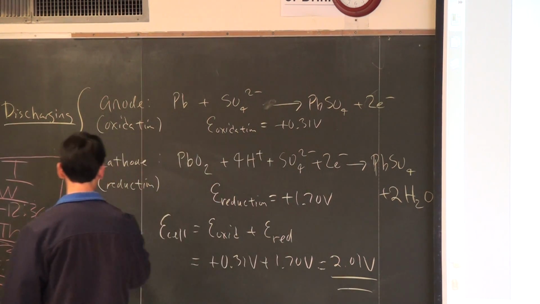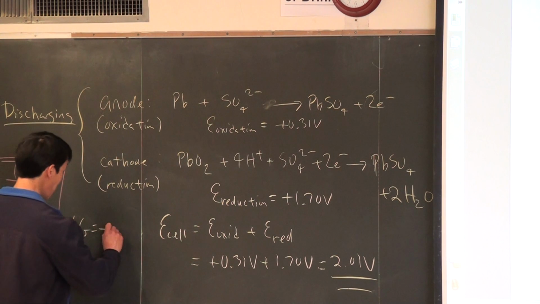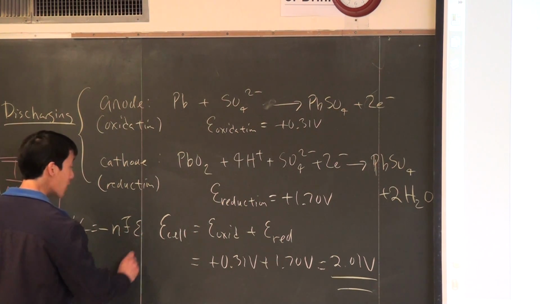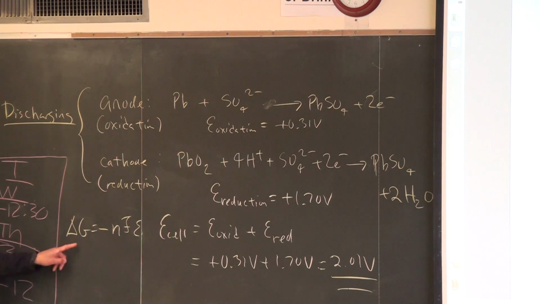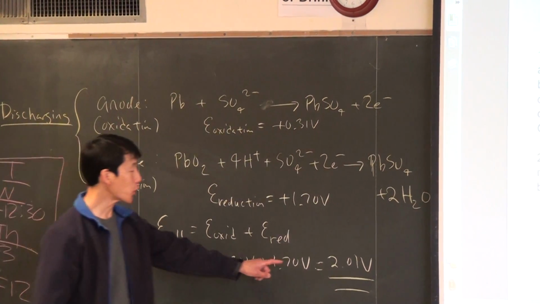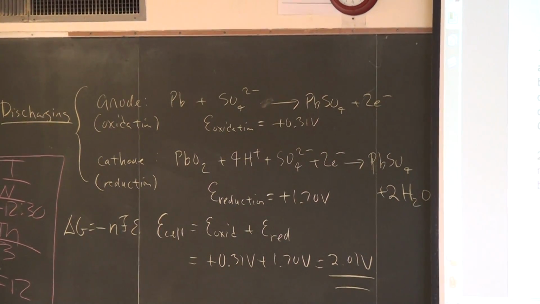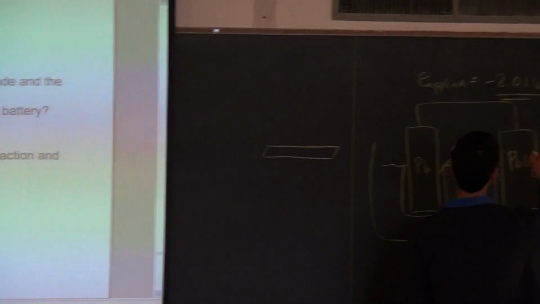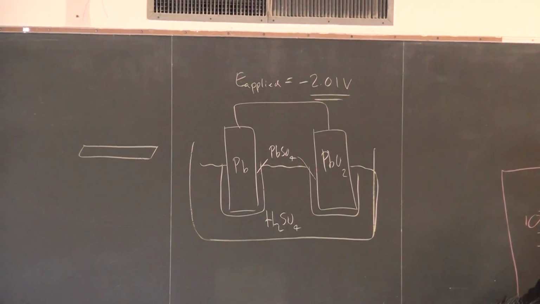Yeah, delta G equals negative n times F times E. So if E is positive, delta G is negative, which tells us the reaction is spontaneous. Again, this is for the discharging reaction. This produces energy. So if we want to charge it back up, that's the minimum energy we need to supply to charge the battery back.